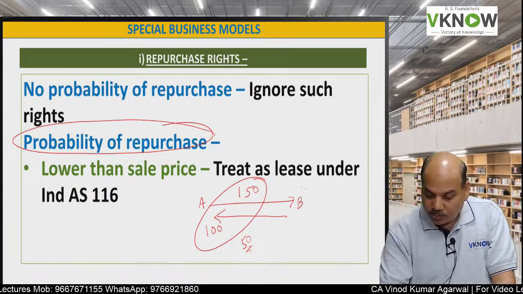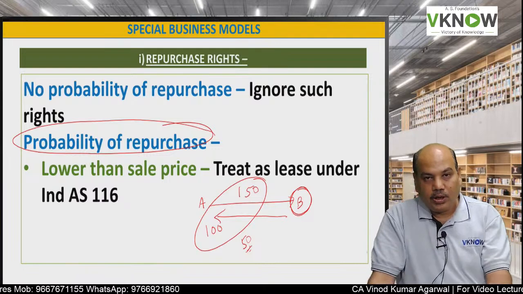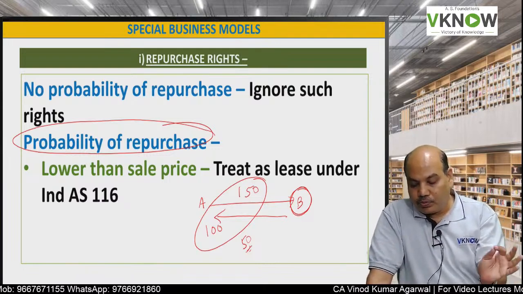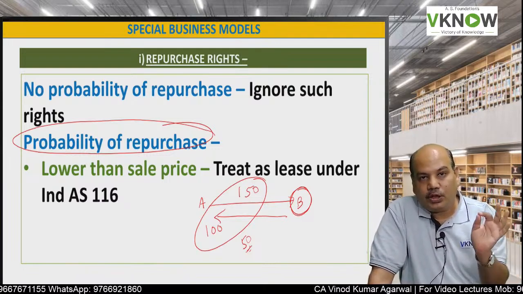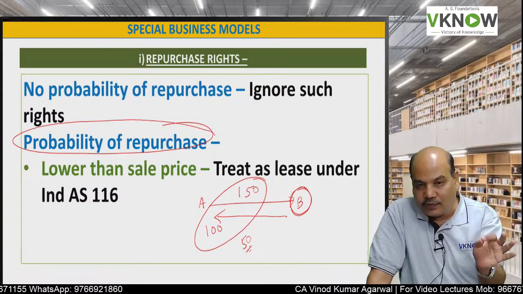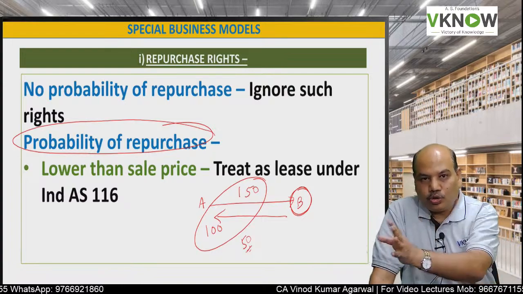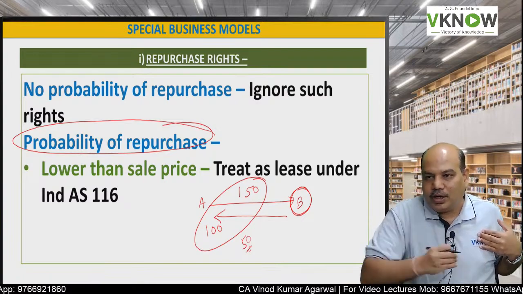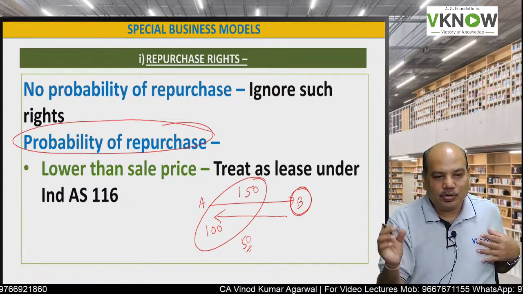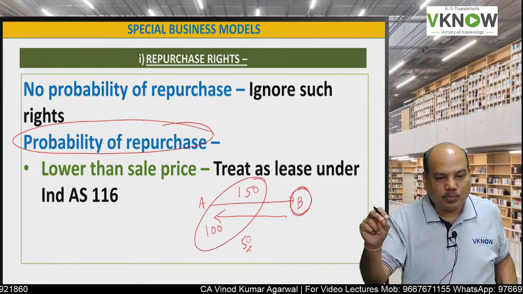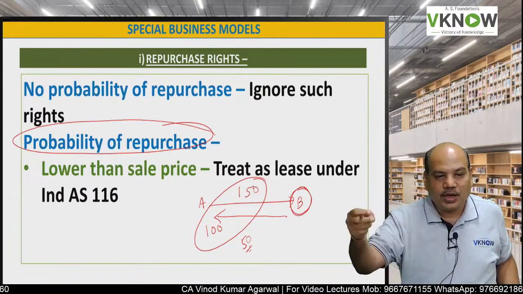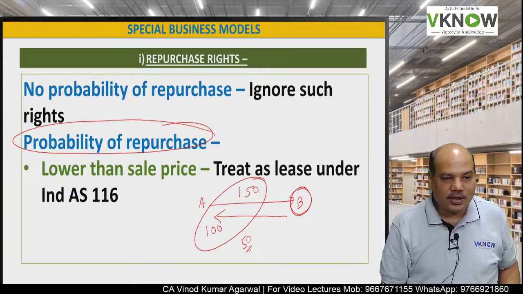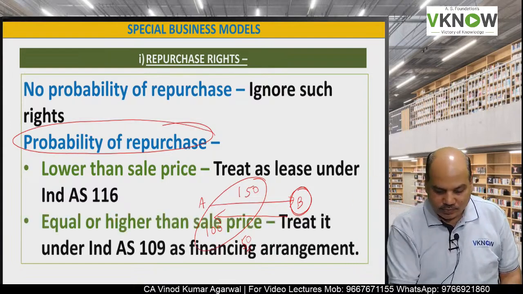B is basically paying you 50 rupees for using that asset. A sold to B, B gave 150 rupees, A will give 100 rupees and take the asset back. So B is actually paying 50 rupees for using the asset. Treat it as a lease under IND AS 116.